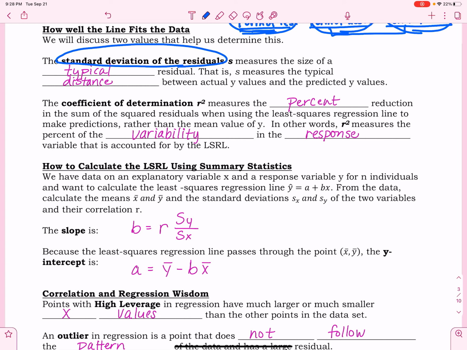There's a big, huge formula, and it calculates all of the differences between the actual values and the line of best fit, and it shows me a typical distance that those residuals are from your predicted values. So in other words, it shows me a typical distance between my actual values and my predicted values, because remember, the difference of those is your residual.